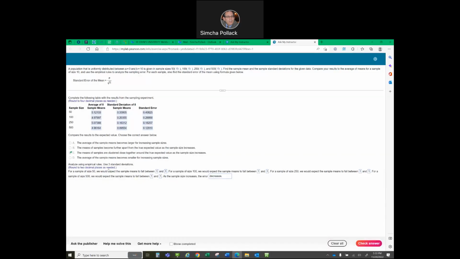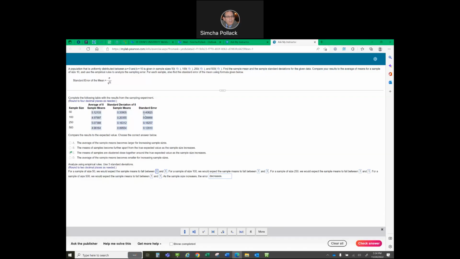Not sure if they're doing this correctly. I think they're using the ideal value of 5. Let's try that. If you take standard error, we have it here. We have to look at an example.